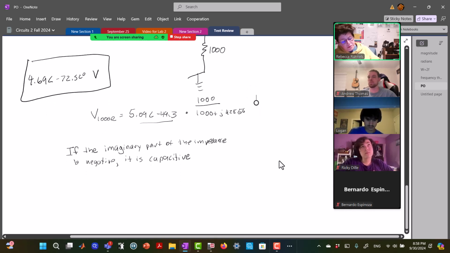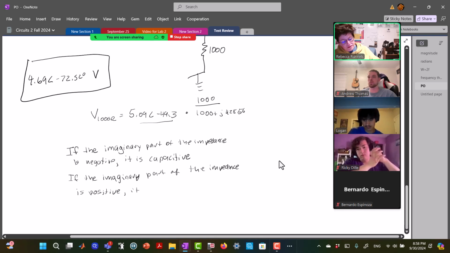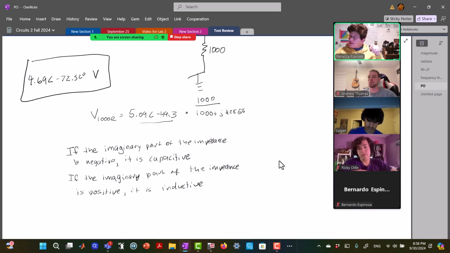So if the imaginary part of the impedance is negative, it is capacitive. If the imaginary part of the impedance is positive, it is inductive.